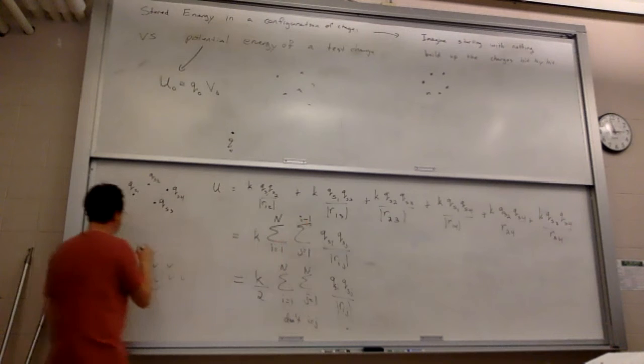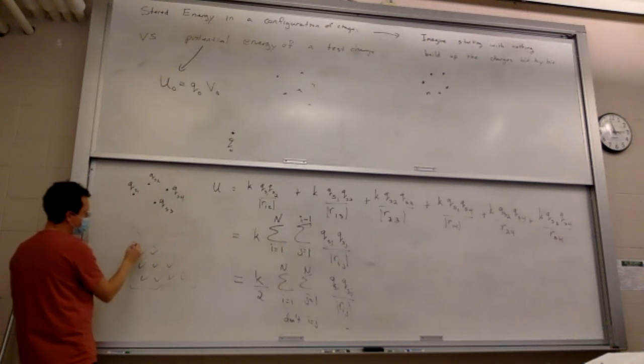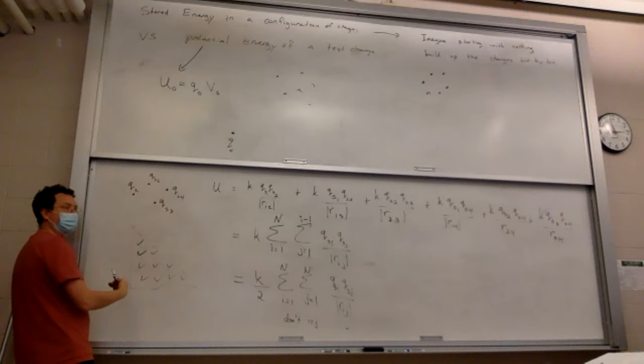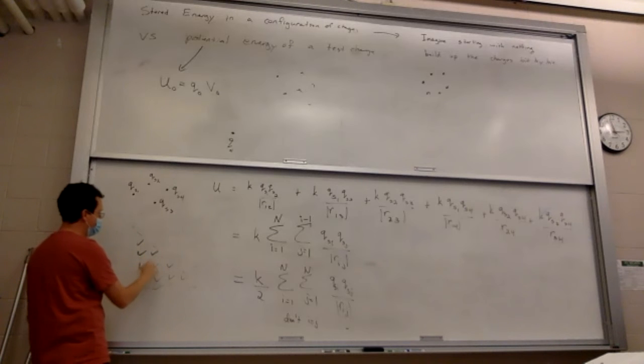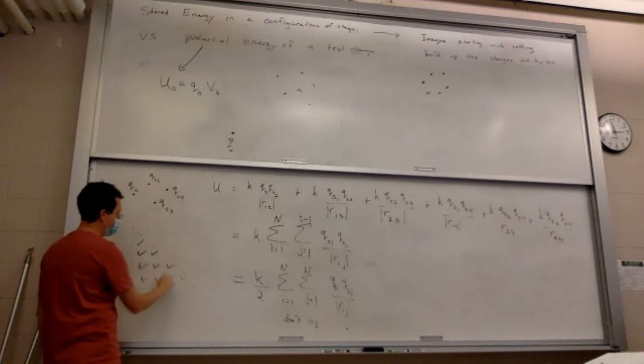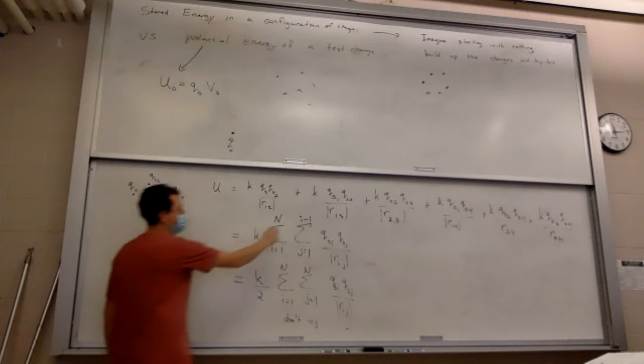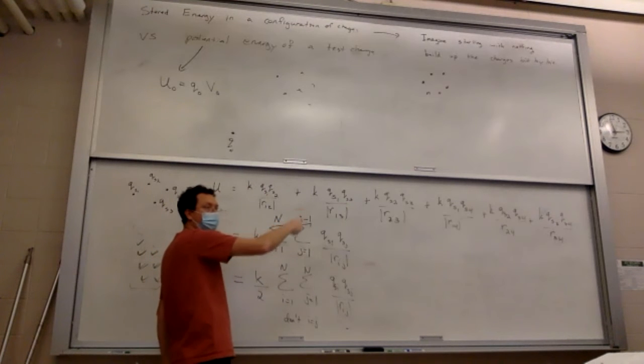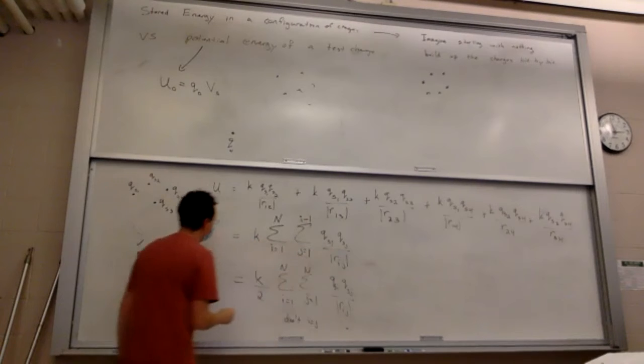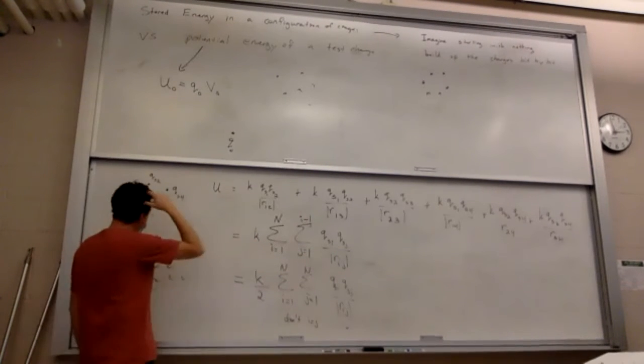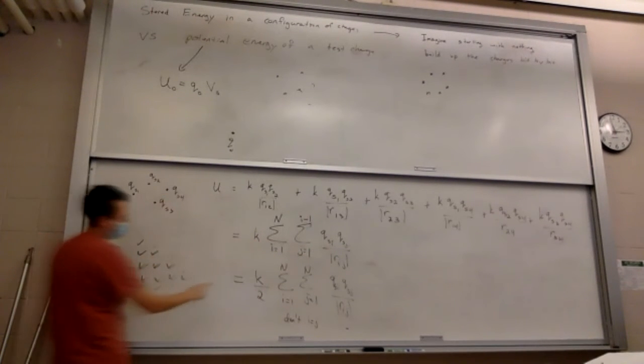So basically, you don't include the diagonals, and you do the columns that are less than the row number. So that's like the lower half of the matrix. That's what the sum looks like. It's like you're summing over the lower triangular part, and then you're just adding up all the entries.